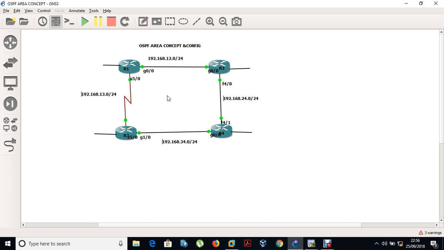So the area is mainly there to reduce the flood of updates that would slow the network down. If you put 200 routers in one area, that area will probably slow down if something is wrong with a router within that area.